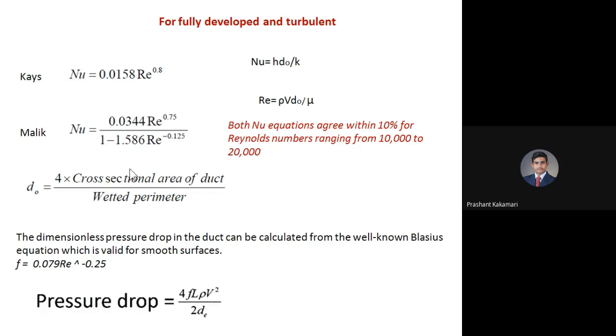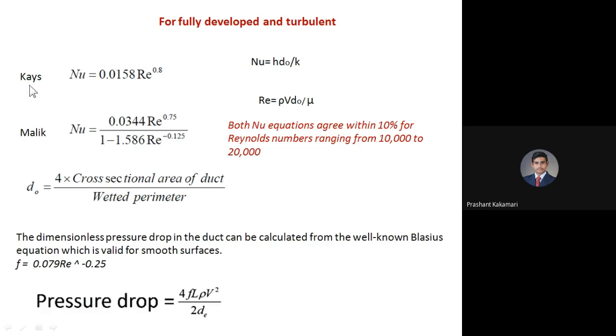For both Nusselt number equations, if you consider any one, the experimental values differ within 10% error. So if any equation gives within 10% error, you can go for that equation. Both equations can be considered; it is not that we have to go for the Malik equation or the Kays equation.